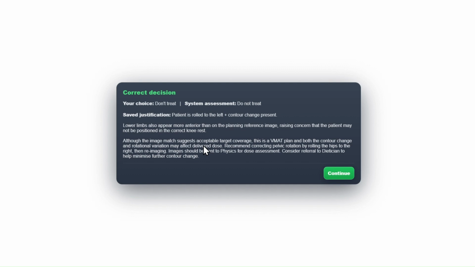There's a lot more information that we need to take in order to match the images appropriately. Now, in this perfect example, we saw how the information that we've gained prior to even image matching has already told us that, look, this patient is not ideal to treat right now with this image.